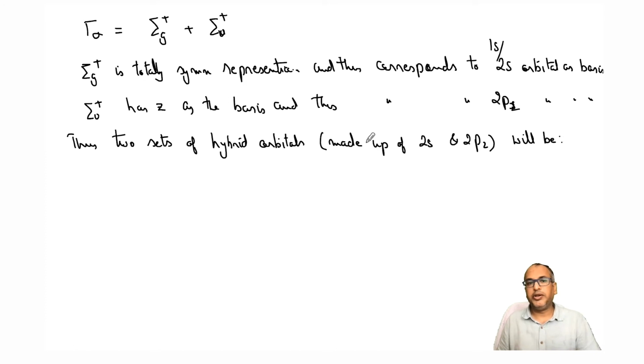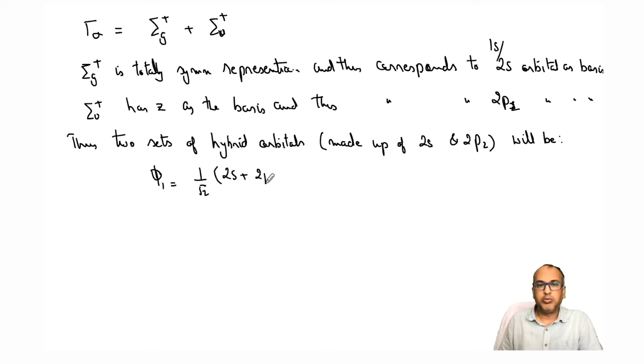Again, you cannot use the projection operator here, because for projection you have to do the calculation for all the symmetry operations. It's a summation over all R, which you cannot do because it's an infinity point group, right? This is a simple case, so we can deal with it without the projection operator. If you want a combination of these two leading to hybrid orbitals, we can use phi 1 as 1 over root 2, after normalization, 2s plus 2pz, and phi 2 is the second hybrid orbital.